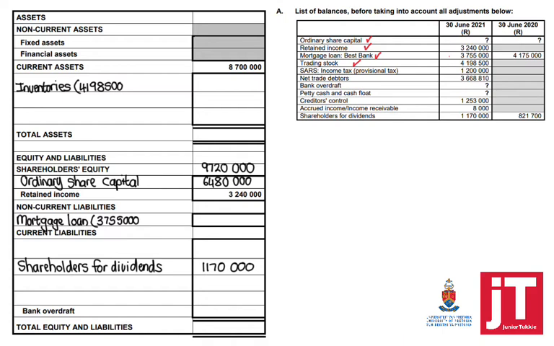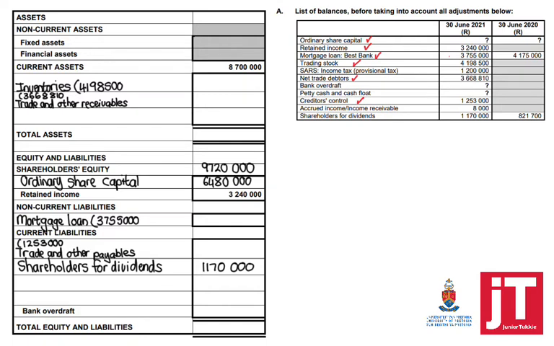Inventories forms part of current assets. Trade and other receivables, we've got net trade debtors, so make sure that you show the calculations in brackets and tick off. Bank overdraft is a question mark. Petty cash and cash float is a question mark.